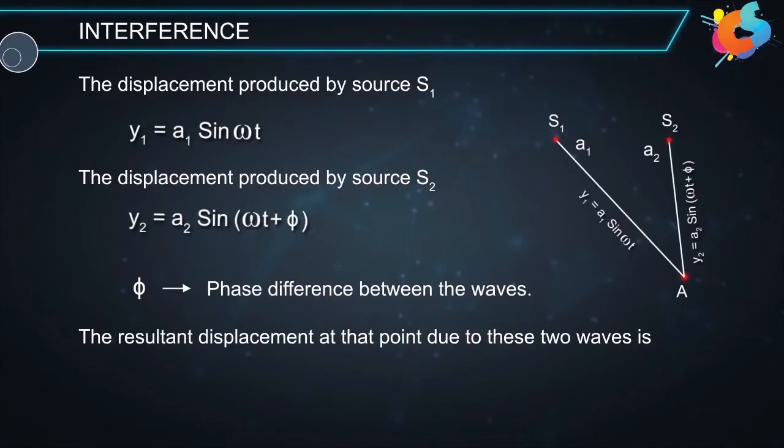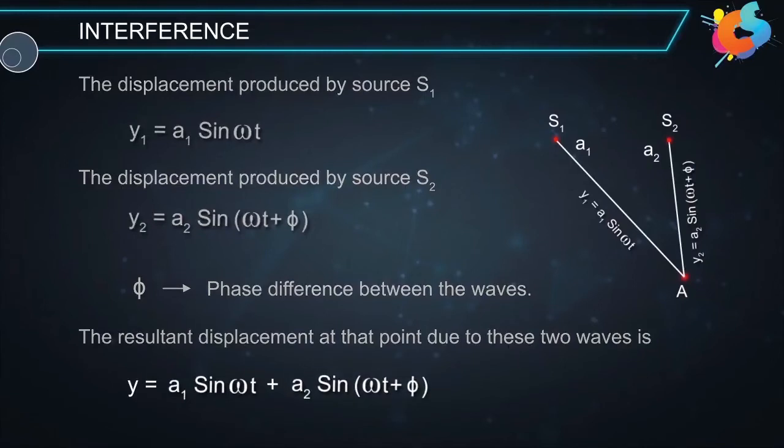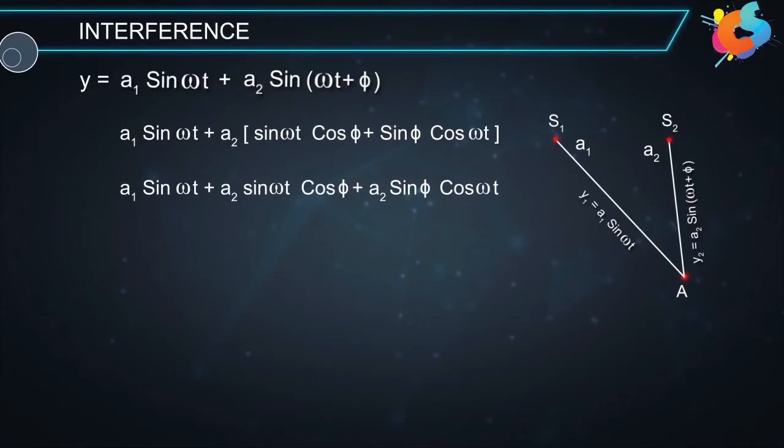the resultant displacement at the point A due to the two waves is Y = Y1 + Y2. This is Y = A1 sin omega t + A2 sin(omega t minus phi). After simplification, we get Y = (A1 + A2 cos phi) sin omega t + A2 cos omega t sin phi.